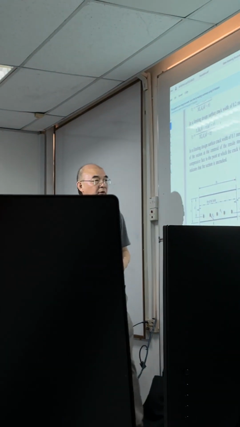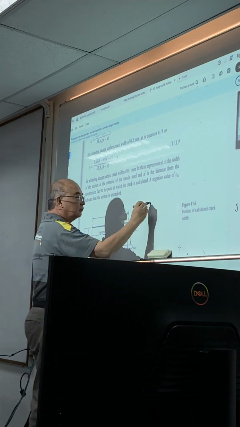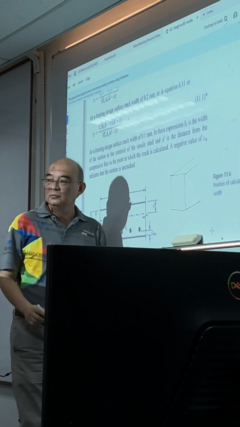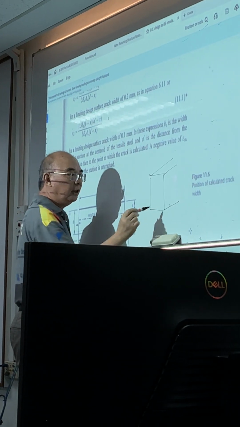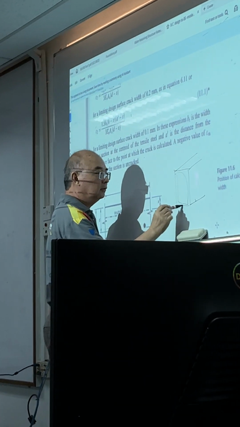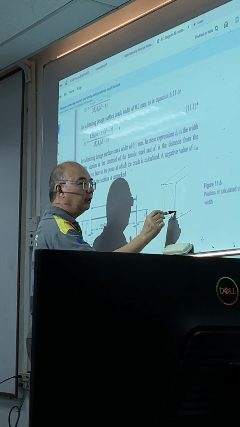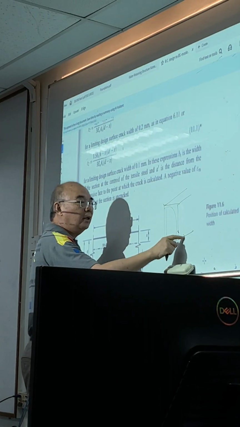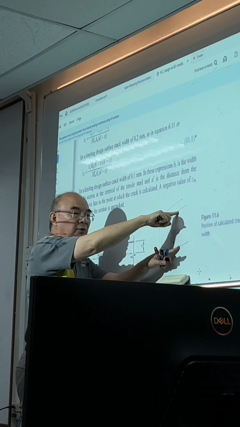For the beam it is different, because for the beam you can calculate the crack width here, or here. If you calculate the crack width here, a prime will be this one.